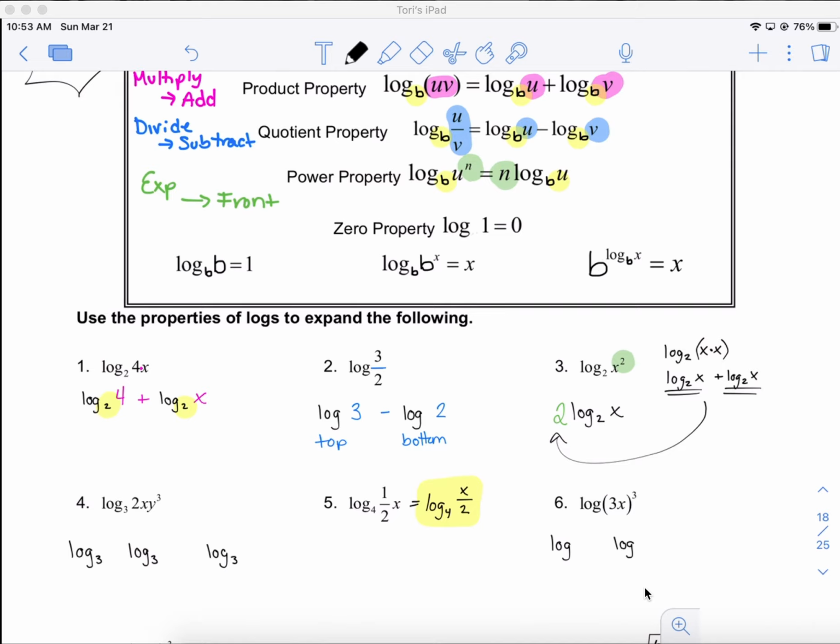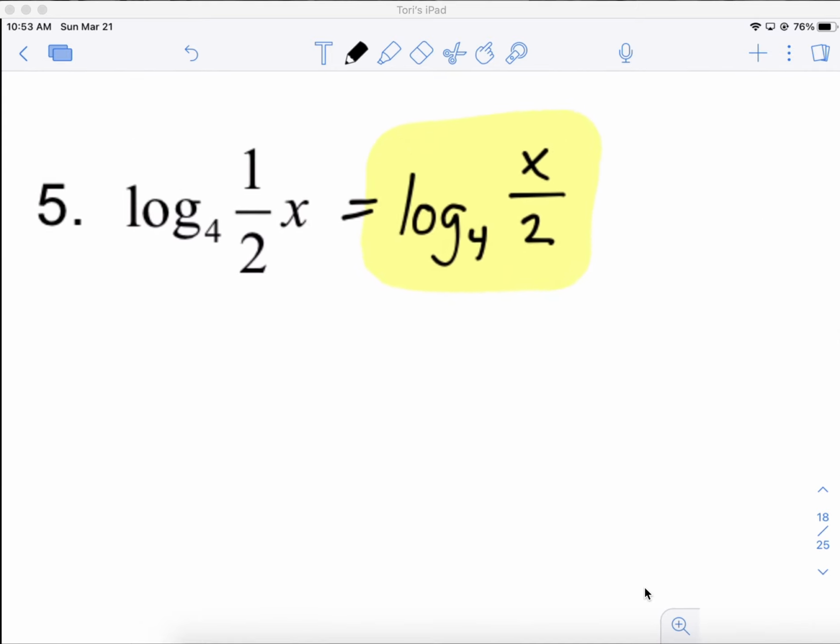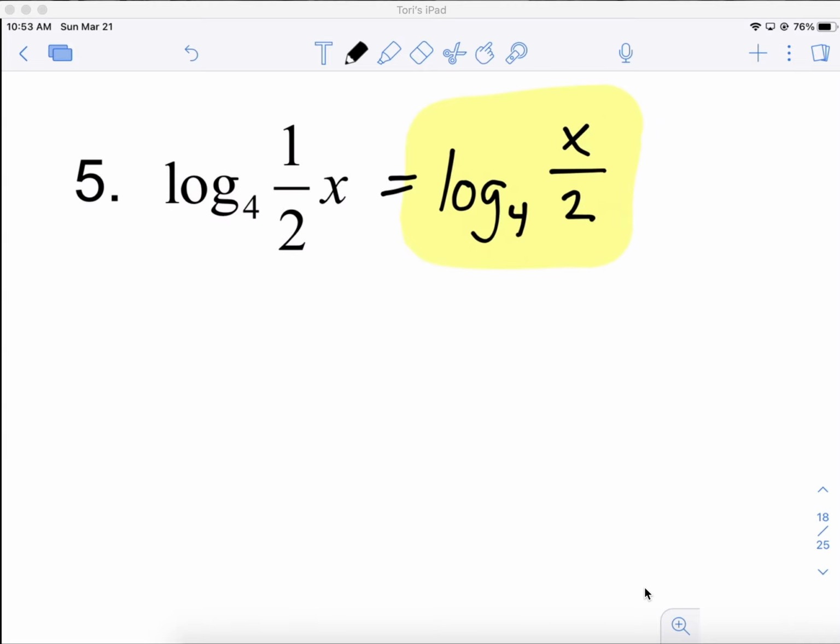All right, I'm actually going to start with 5 because I'm going to use 4 and 6 to compare. All right, so on problem 5, you could actually think about this problem as saying half of x is the same as x divided by 2. Might be a little bit easier way to write it because you would not really want to create log of 1 and then divided by log of 2.